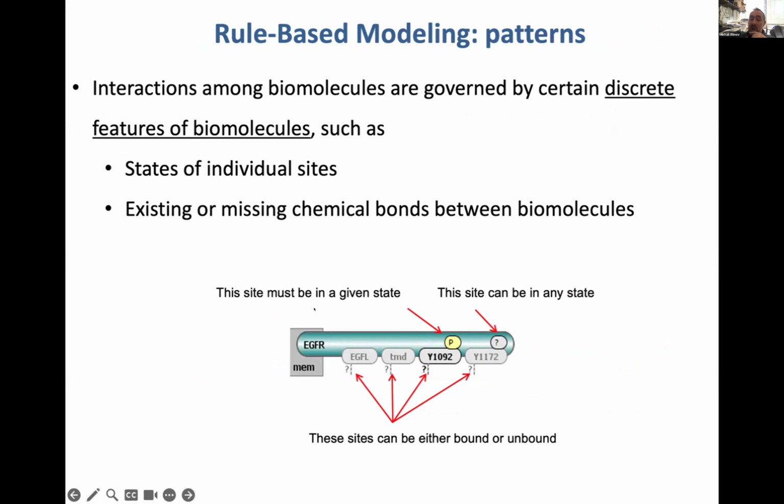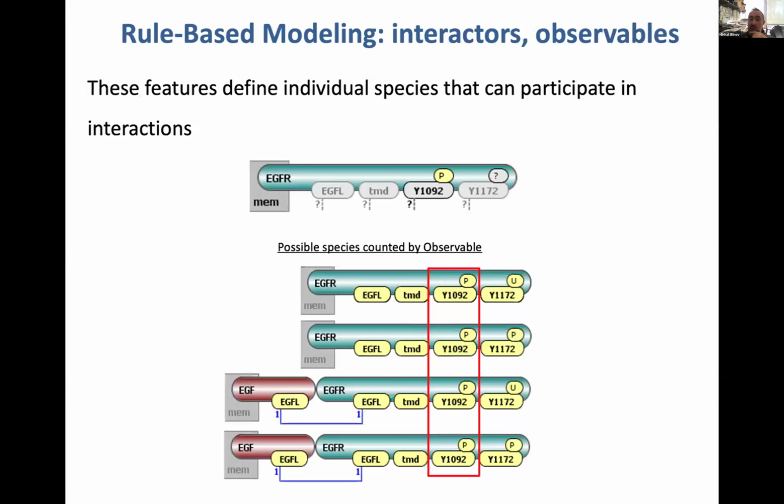And so this pattern may select a lot of different chemical species. So look here. It can be a monomeric species unphosphorylated, a monomeric species phosphorylated on another site, a ligand receptor complex, another ligand receptor complex, dimers, and whatever; you just don't know how many potential chemical species in the system are defined by this pattern.